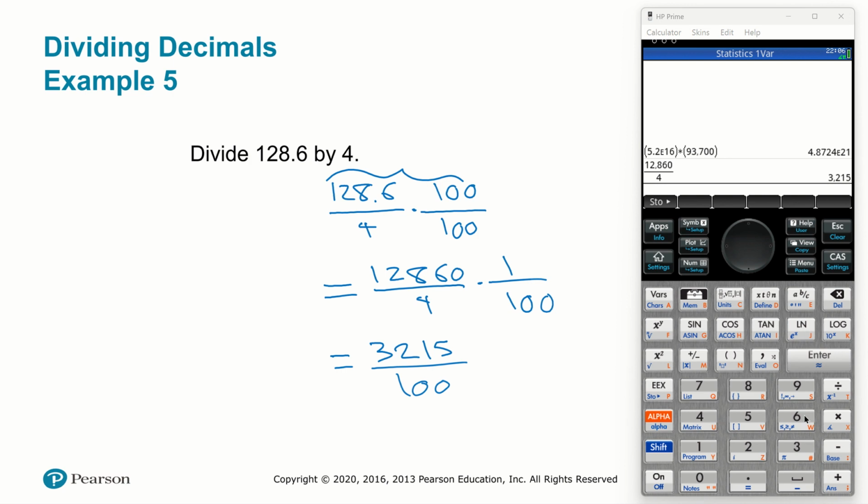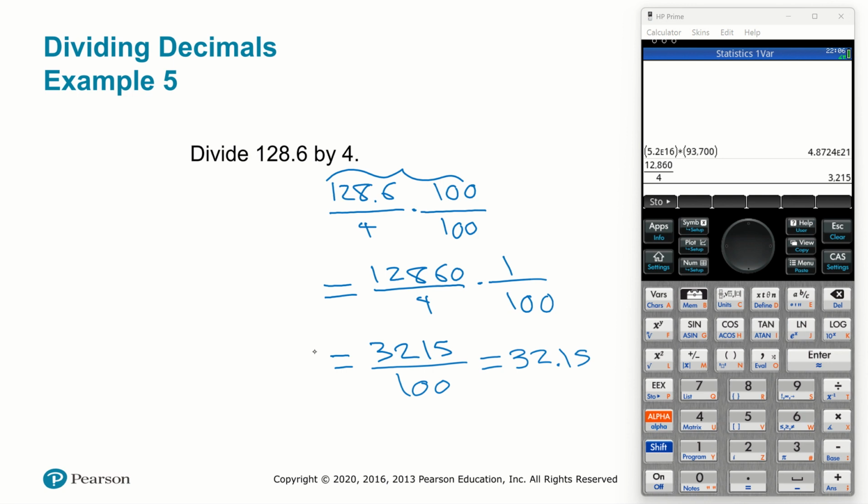So this part just became 3215, and then we have times 1 over 100, which is the same as divided by 100. And that, of course, can easily be handled because we take 3215 and move the decimal point 2 to the left. So we get 32.15. So tricks like that can help you handle some decimal divisions very quickly.